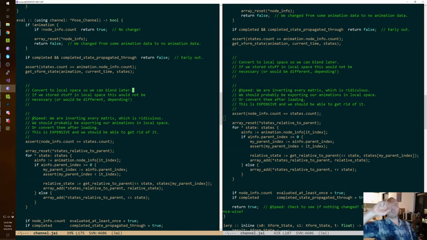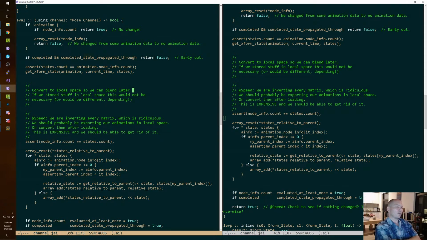If you imagine some bone that's not translating at all relative to its parent, but it's 8 bones down on a whip, then in object space, as the whip moves, its translation coordinates are going to be moving all the time in a weird pattern. Even though relative to the parent, its translation is 0 and it's only rotating, because it's accumulating the translation of all these bones higher up in the hierarchy.